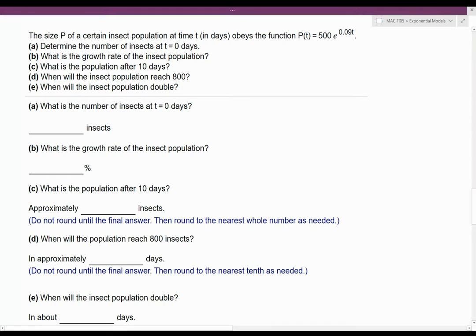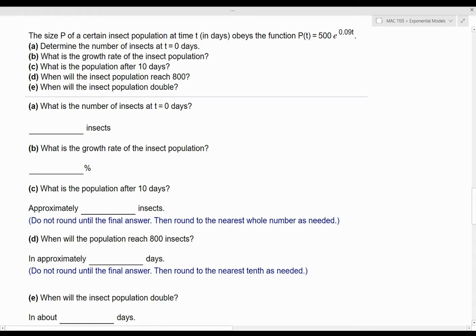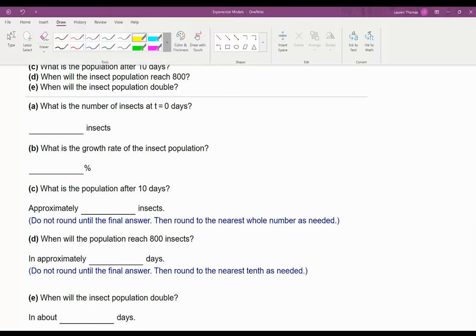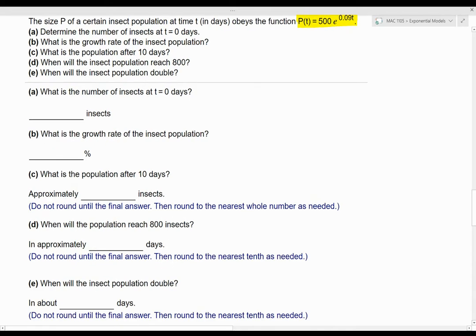Okay, so the first thing we're going to do is look at the function that they gave us. The exponential function that we have is P of t equals 500 e to the 0.09t power. If we recall, any exponential model will be set up in this form: A of t equals A naught e to the kt.